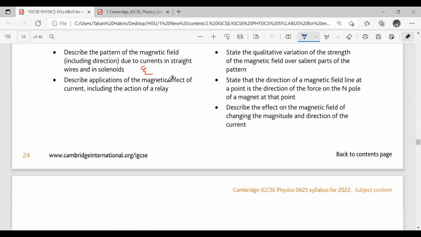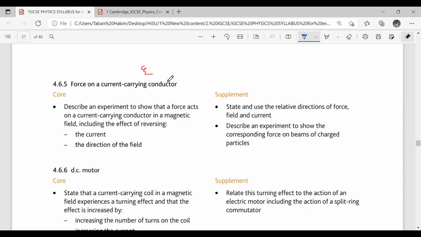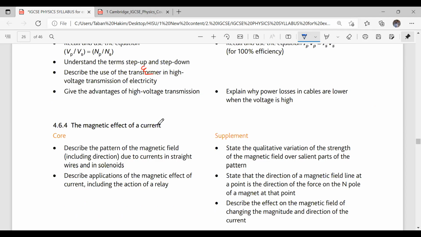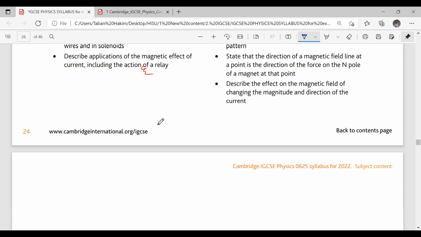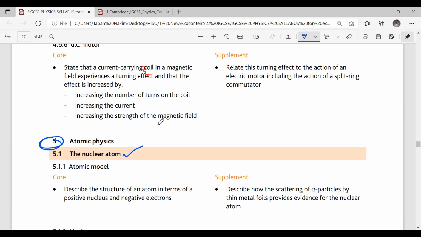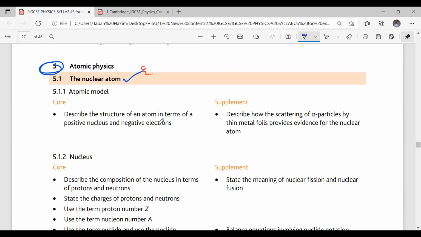Then we have the last part, electromagnetic effects: the magnetic effect of current, force on a current, the DC motor, that will be the last part. So like I've said, I'm beginning with block 5, and that is atomic physics. This is where I want us to begin, such that by Monday next week, we're done with it, then go back and pick up what was left in block 4. So that is what I wanted us to see before we begin.